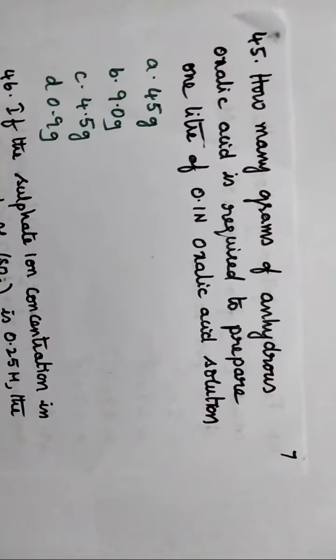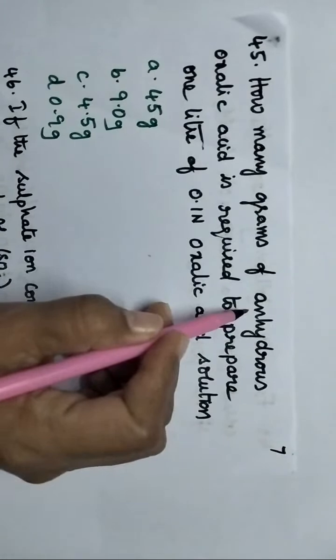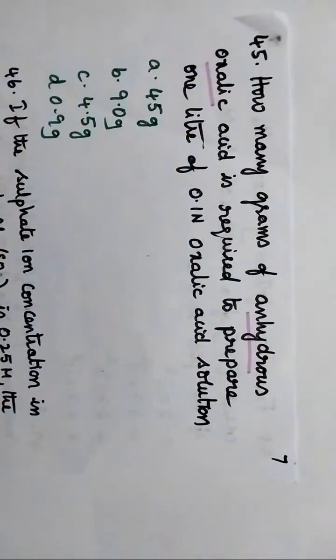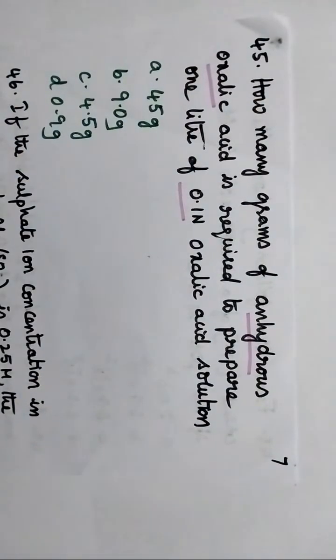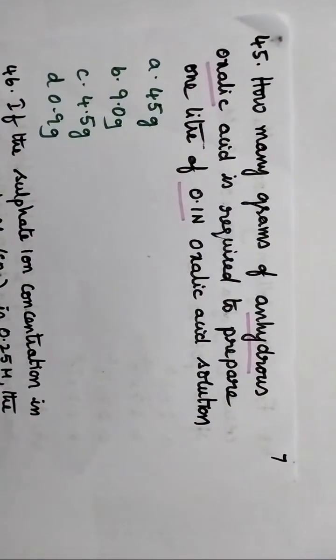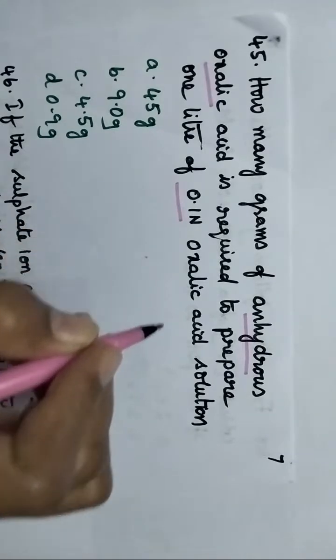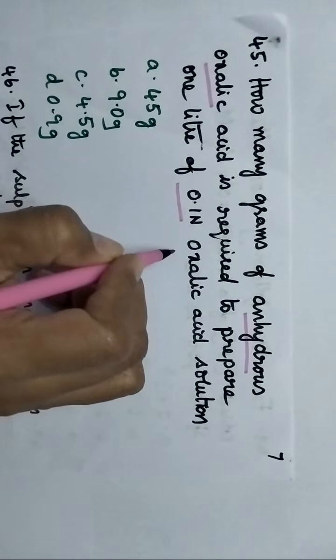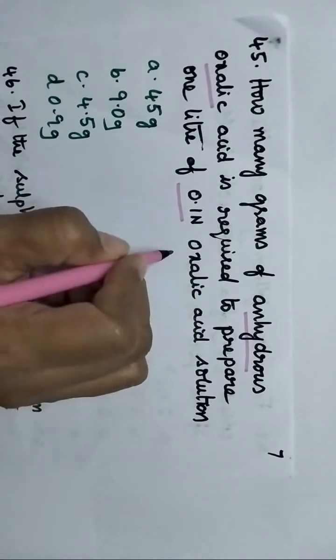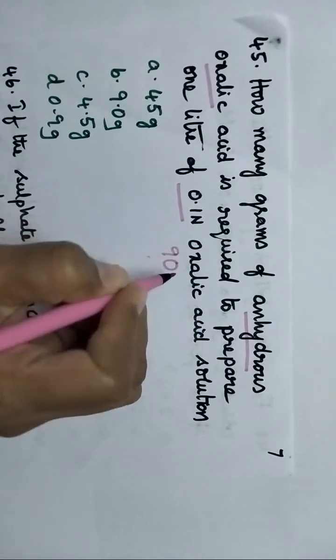How many grams of anhydrous oxalic acid is required to prepare 1 liter of 0.1 normal oxalic acid? So actually the gram molecular weight of oxalic acid is 126. It is anhydrous, so we have to remove the water and it will become 90.